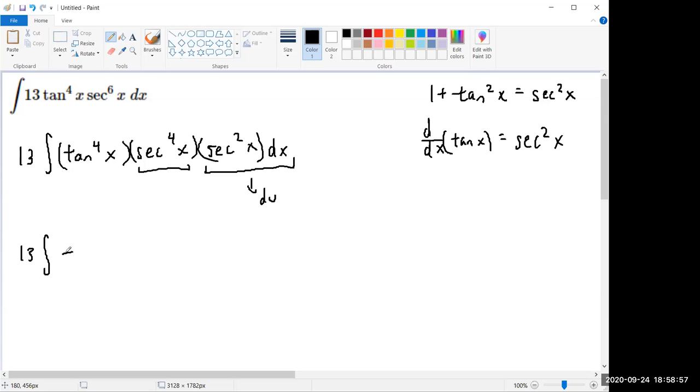So it's like this. Let me just write a middle step here. Secant to the 4th of x is technically secant squared of x, squared. And then secant squared of x is 1 plus tan squared of x.